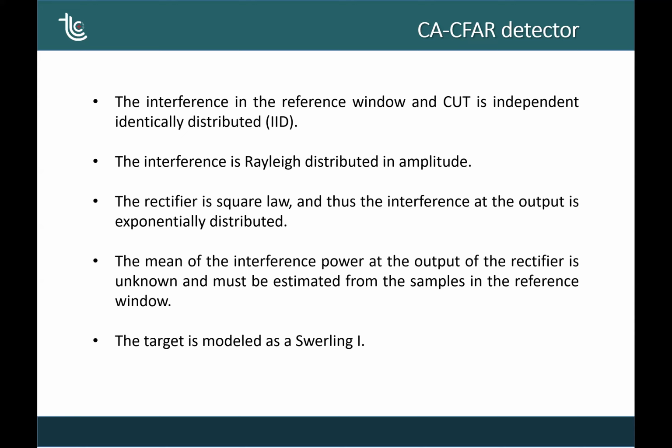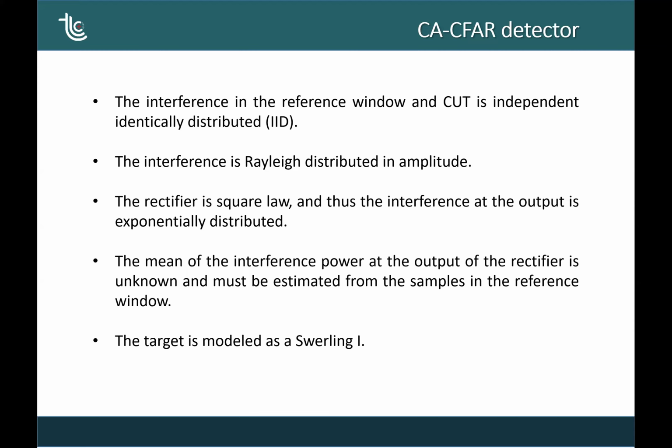It means that if the clutter is Rayleigh distributed in the cell under test, it has the same distribution also in the cells surrounding the cell under test. Then, of course, we suppose that the clutter is Rayleigh distributed.